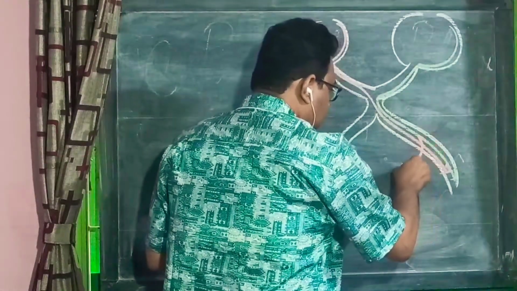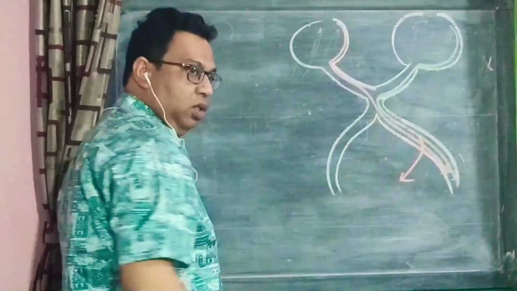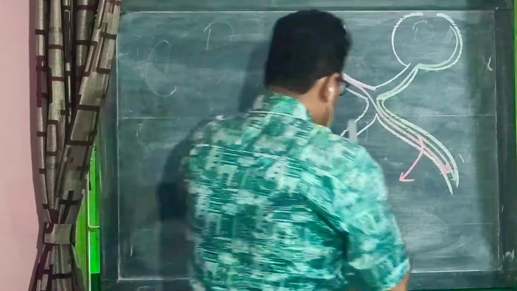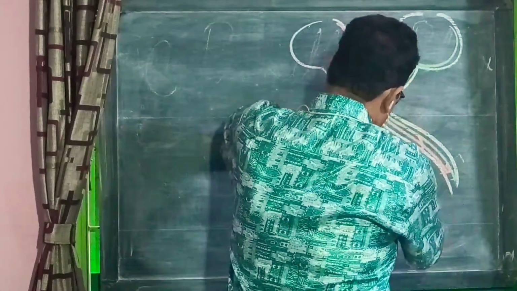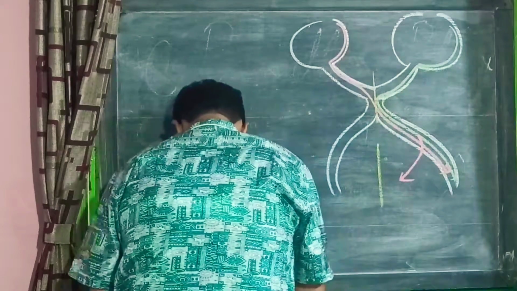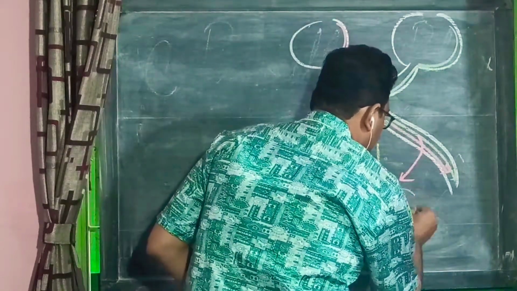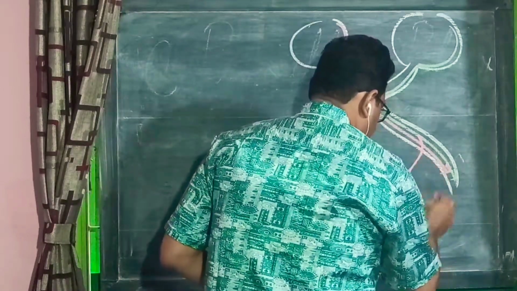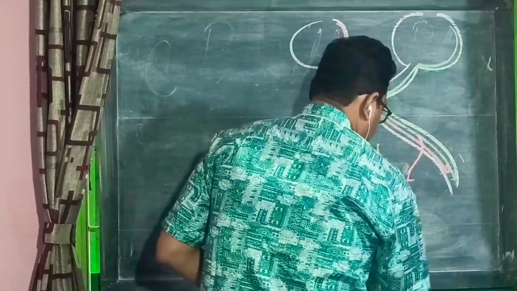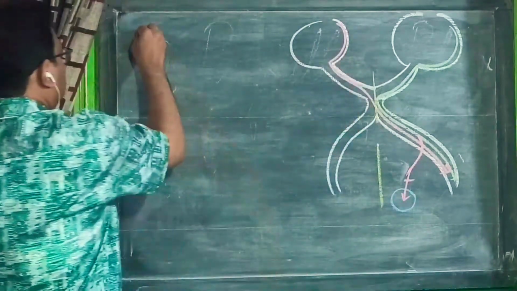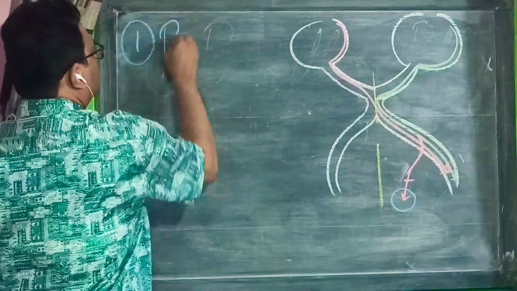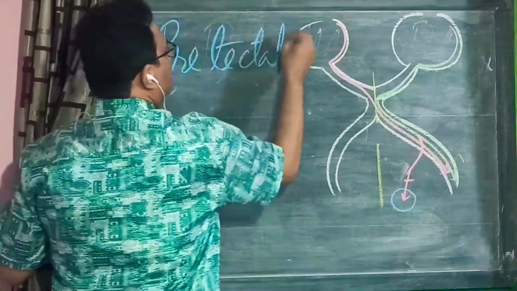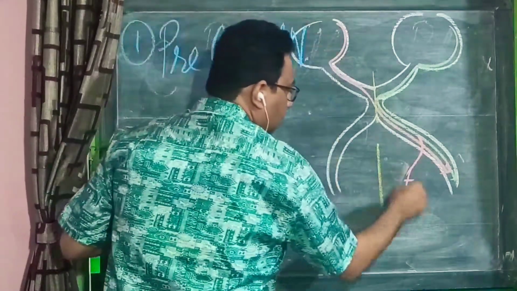Then some axons of the ganglion cells will supply the pretectal nucleus, or nuclei of the pretectum.